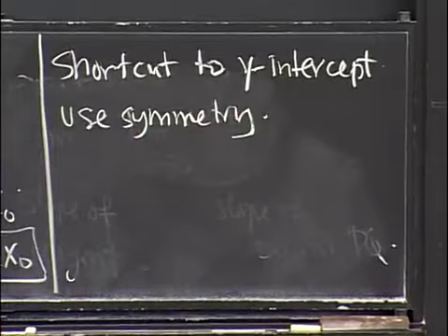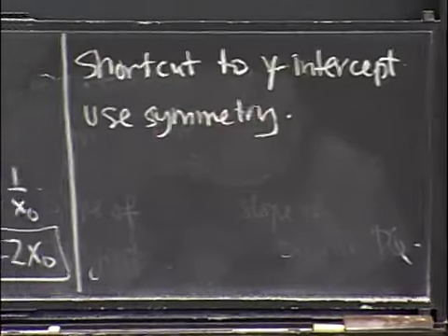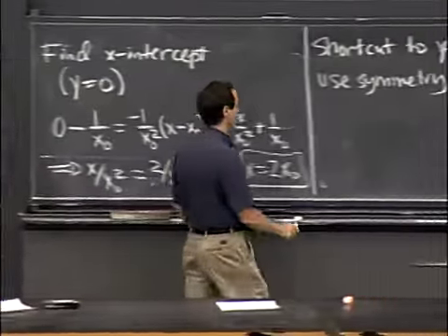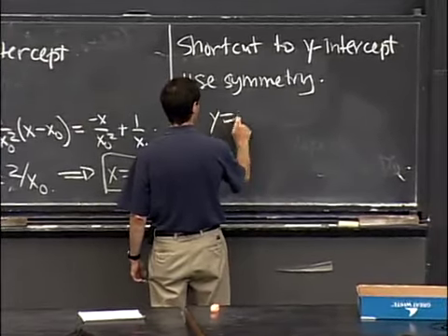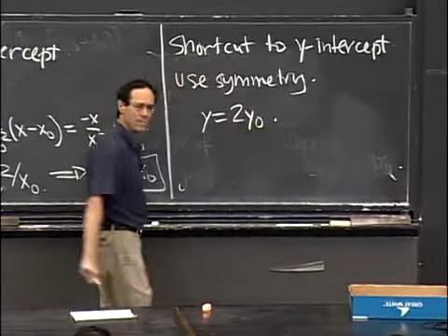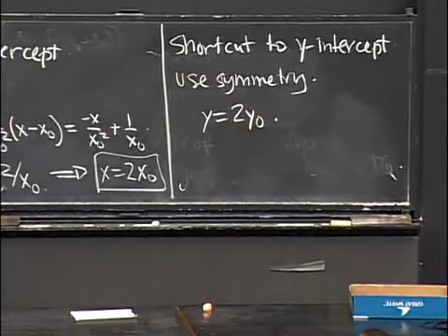All right, I claim I can stare at this, and I can look at that, and I know the formula for the y-intercept. It's equal to 2y0.